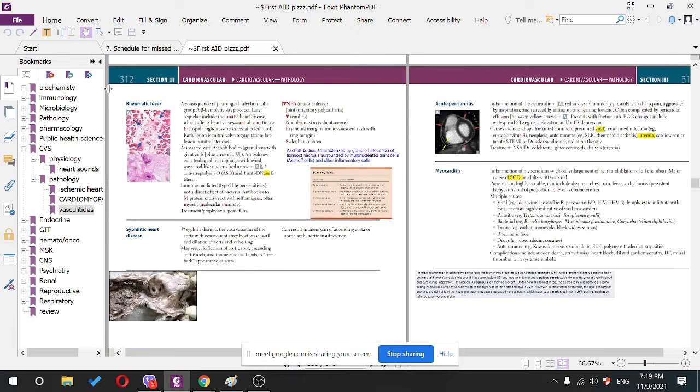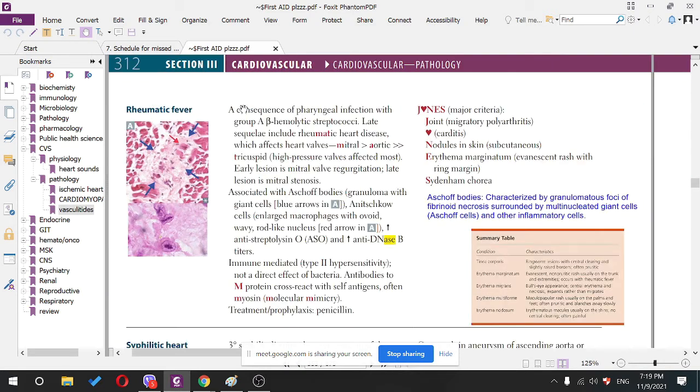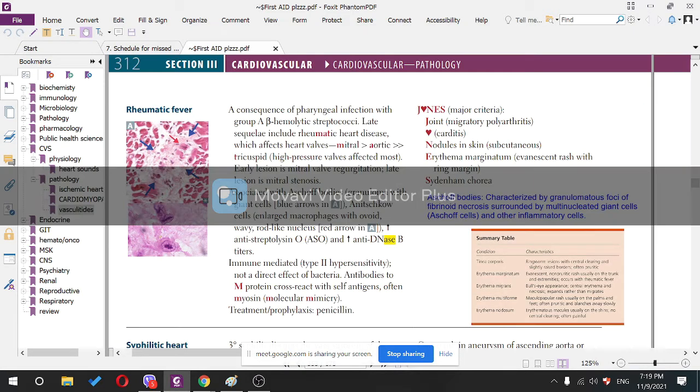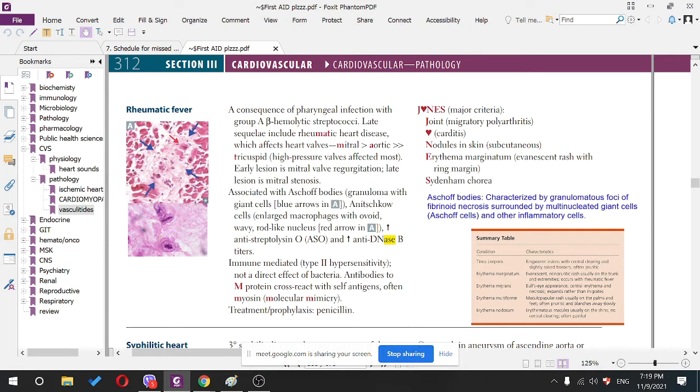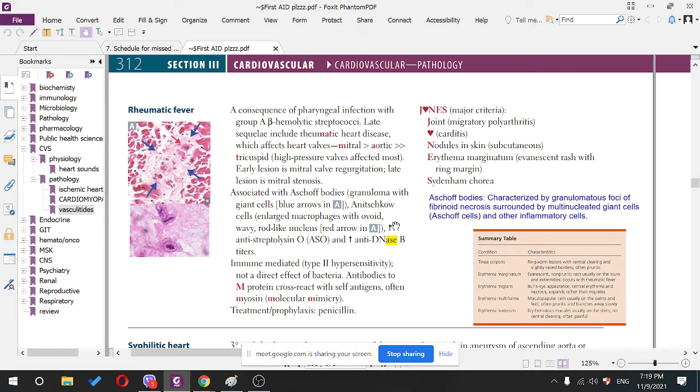Okay, so rheumatic fever. It's a consequence of pharyngeal infection with the group A beta hemolytic streptococcus. It could have late sequelae including rheumatic heart disease that you will have for a really long time, which affects the mitral more than the aortic, more than the tricuspid. Left heart first and then right heart.